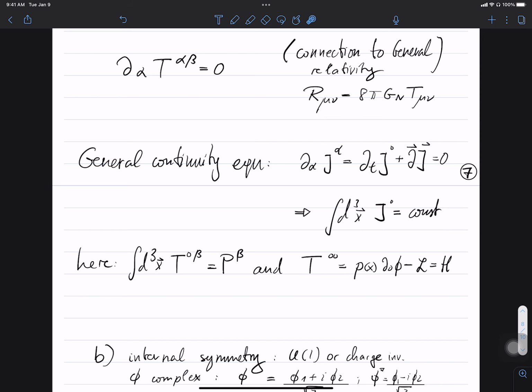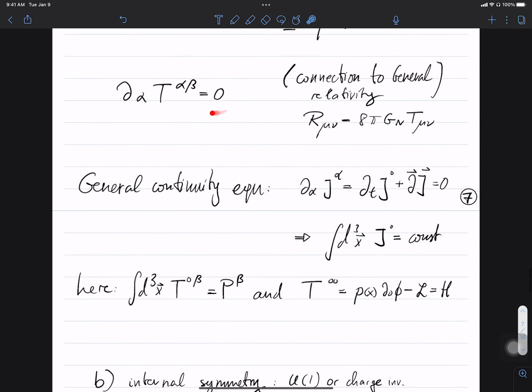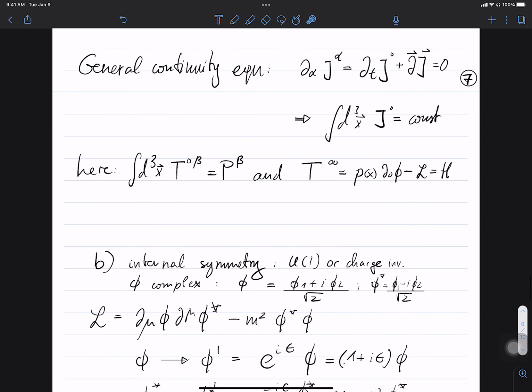So if we apply this to our energy momentum tensor that we just derived here, we know that it is covariantly conserved as per definition here.